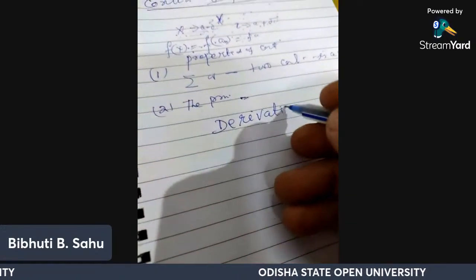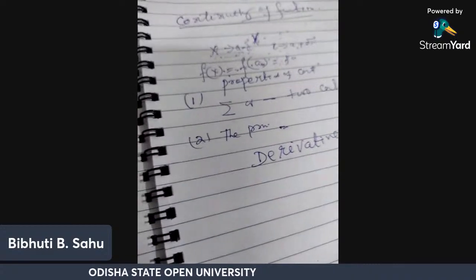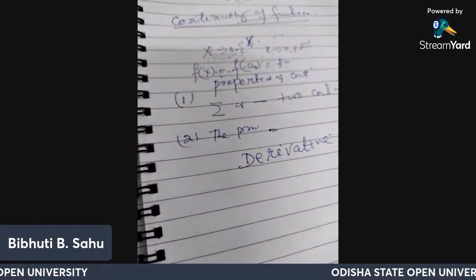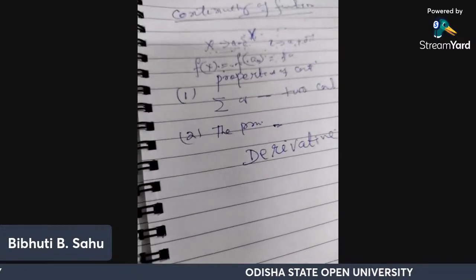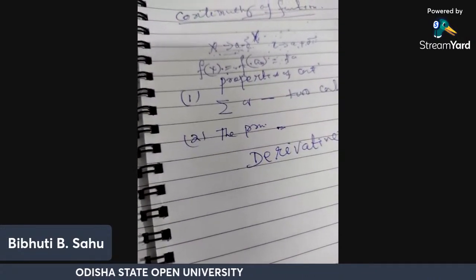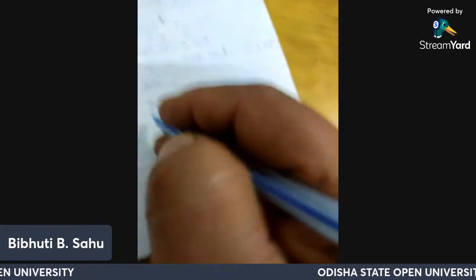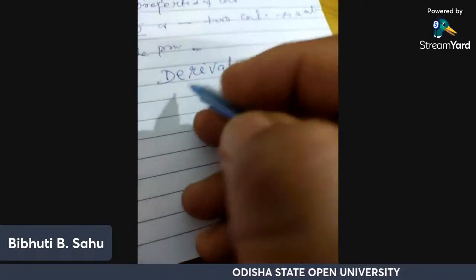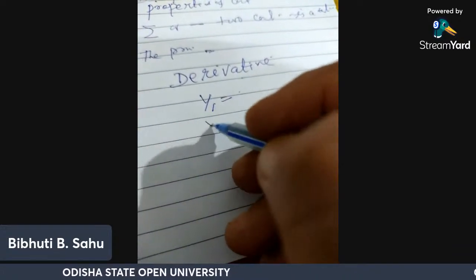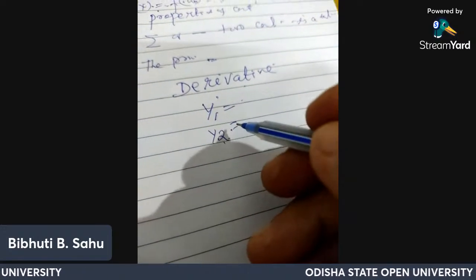What are derivatives? The increment of a variable x in changing from one value to another is the difference obtained by subtracting the first value from the second value. For example, let y1 be some quantity and y2 be another quantity.